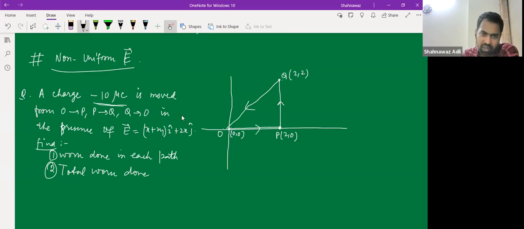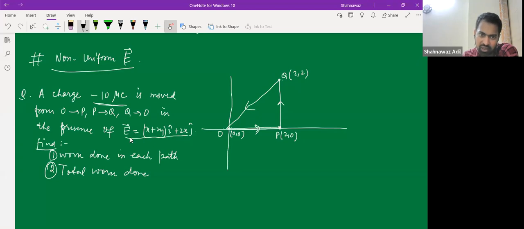And what I do is that I move this charge from O to this point P, right? So I move in this way. I bring this charge from here to here. And then what I do is that I bring this charge from here to here, P to Q. And then again, I bring this charge from here to this, back to this initial point, O, right? In the presence of this electric field.